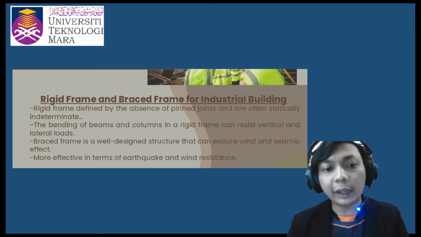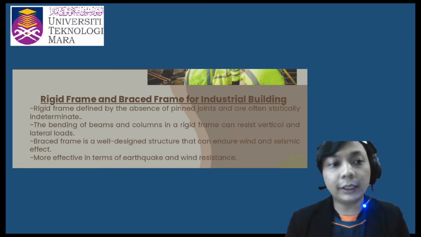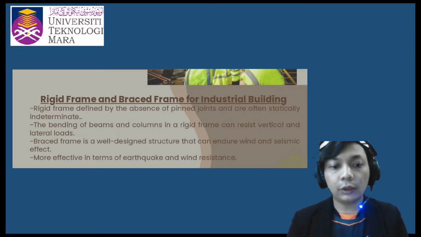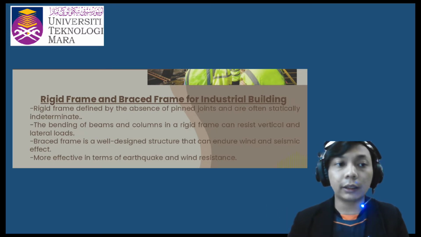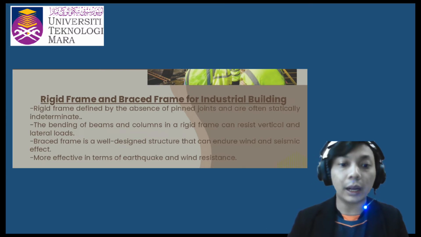We move into the next one, which is brace frame. A brace frame is a well-designed structure that can endure wind and seismic effects. This type of frame is usually constructed in countries with the most common natural disasters, for example the USA, which has hurricanes, and Japan, which has earthquakes and tsunamis.